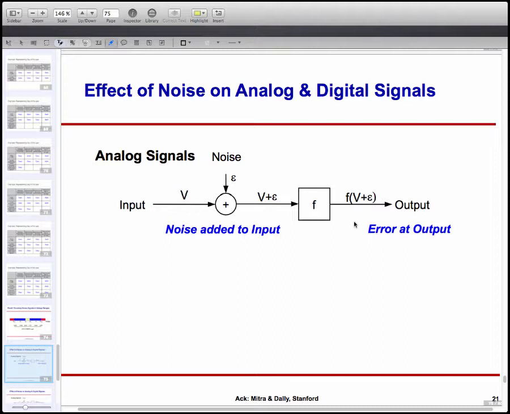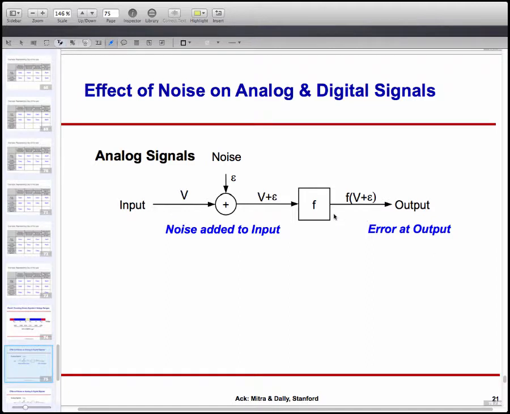So instead of seeing V, I may be seeing V plus something or V minus something, hopefully some tiny value. And that's what reaches my digital system. What my digital system will produce is not f of V, but rather f of that V plus noise added to it. And now I have an output, and there would be error at that output.